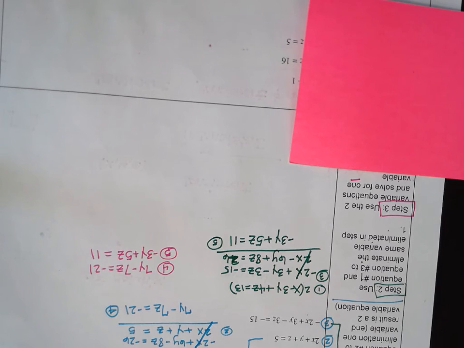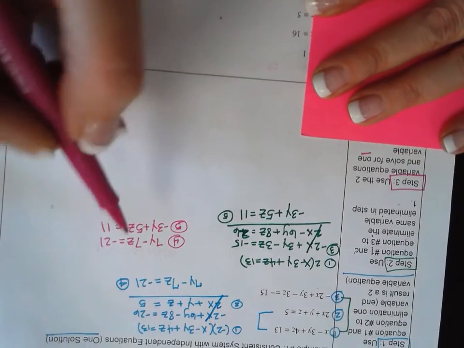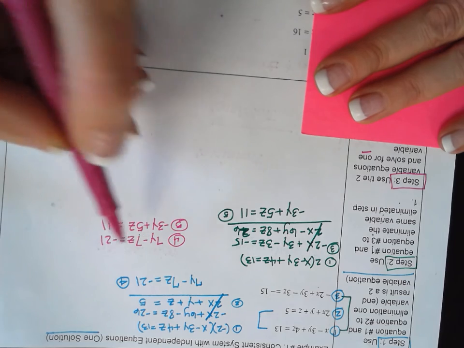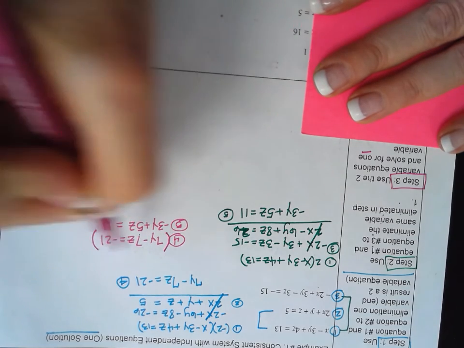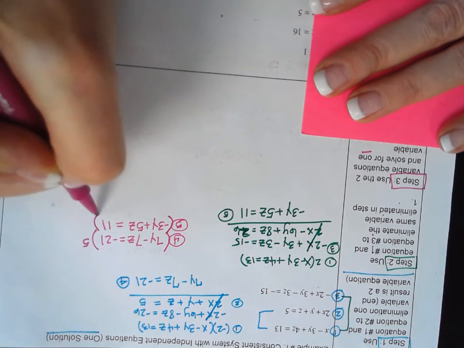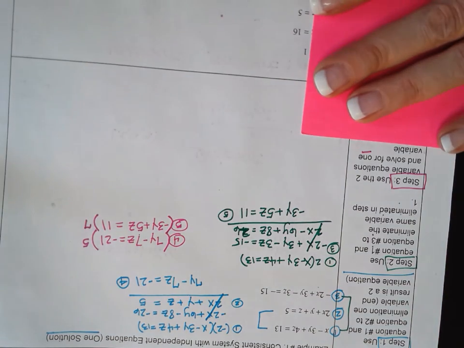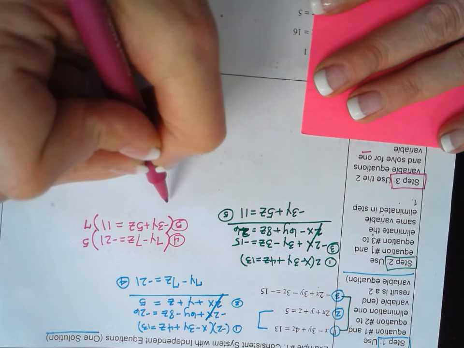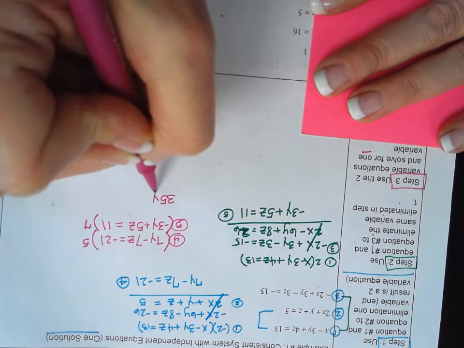We're going to have to do some multiplying, so it doesn't really matter. You want to get rid of y or z? Z? Okay. So in order to get rid of z, I'm going to have to multiply this by 5 and multiply the second one by 7. So I get 35y.